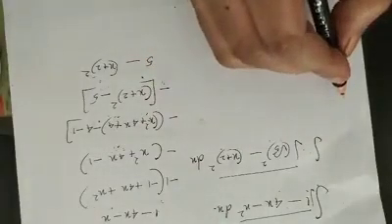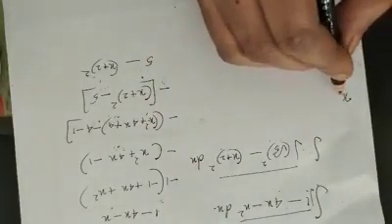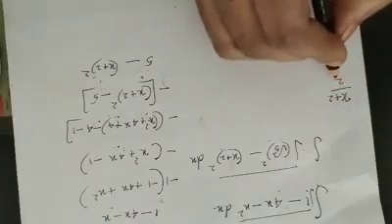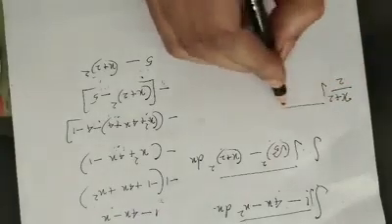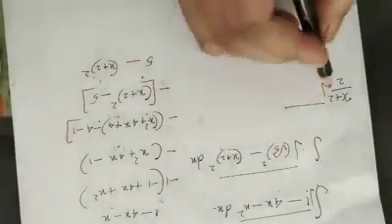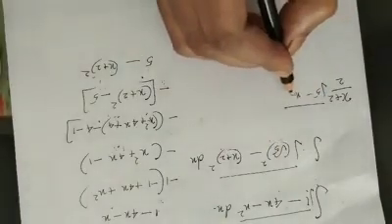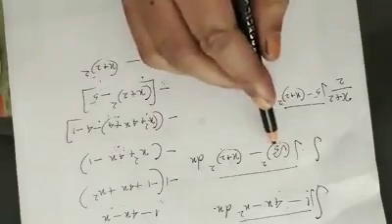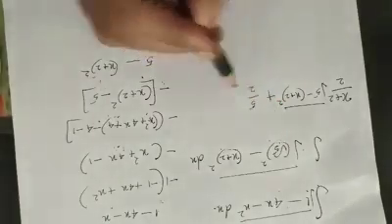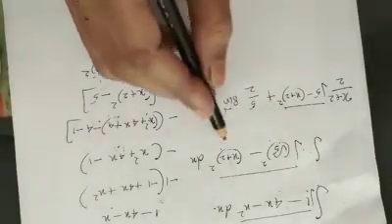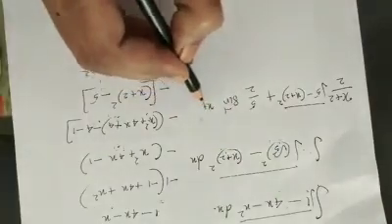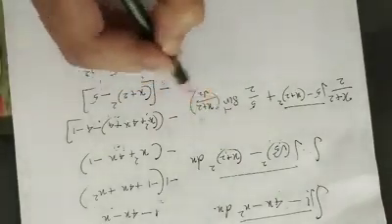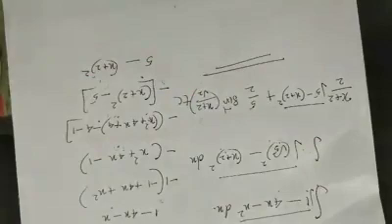Okay, the answer: (x plus 2) by 2 root of 5 minus (x plus 2) whole square, root 5 square is 5, plus a square by 2, that is 5 by 2, sine inverse x by a, that is (x plus 2) by root 5, plus the constant c.